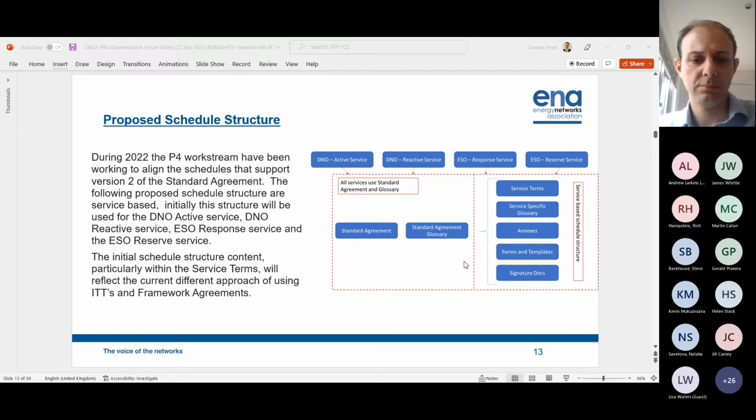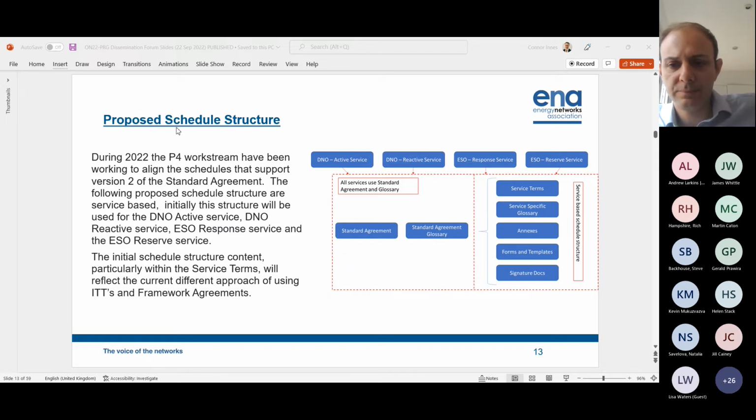What you'll see when we get into a further slide is that, whilst the headers, like the service terms, glossary and annexes, will be the same, there will be differences in the initial structure of the content within these that we're proposing. This is because of a couple of things.